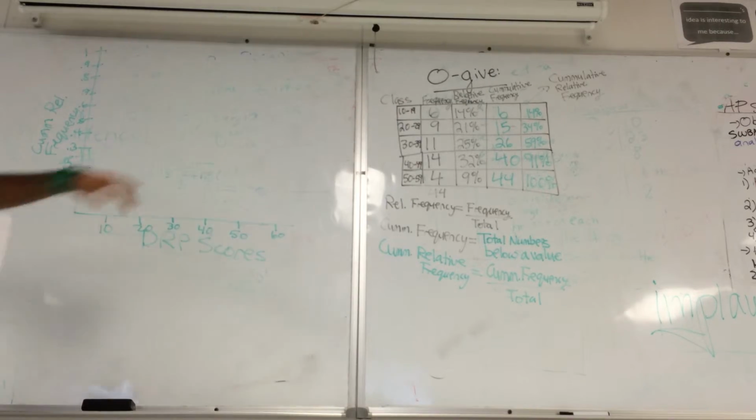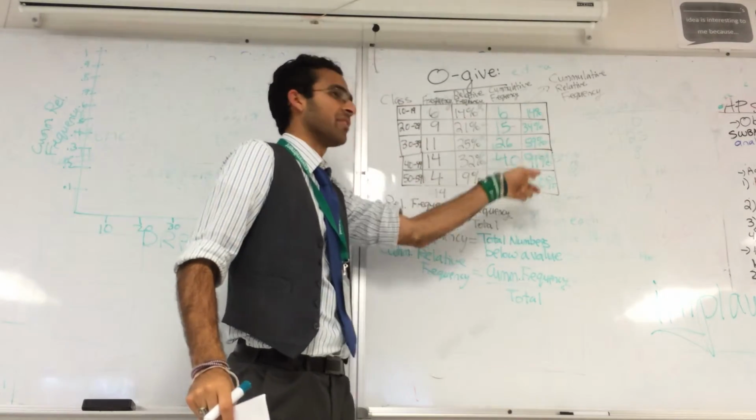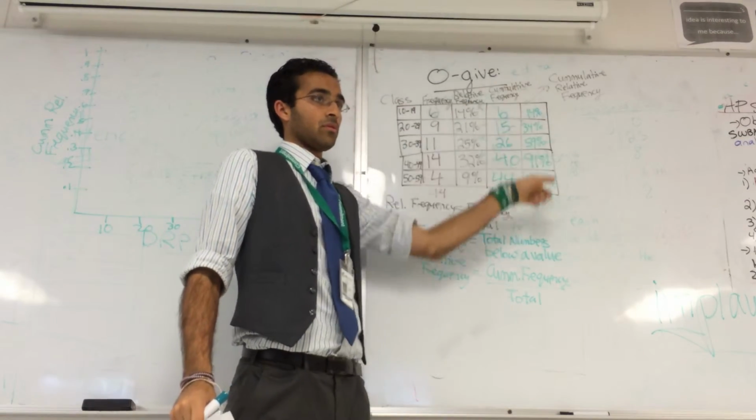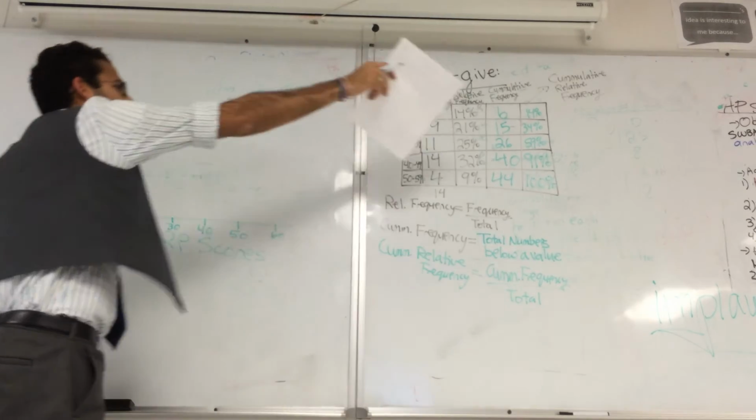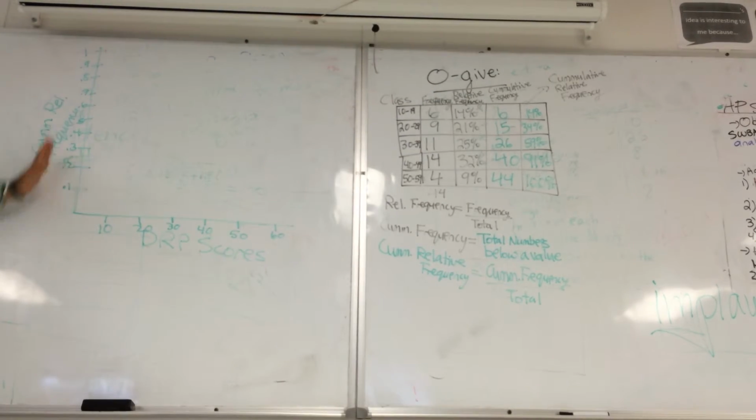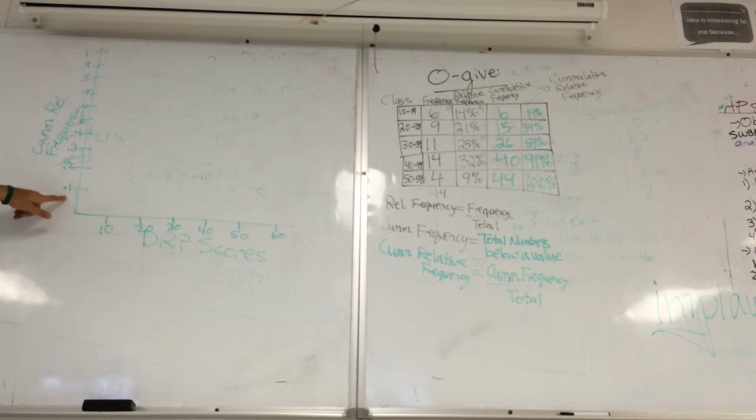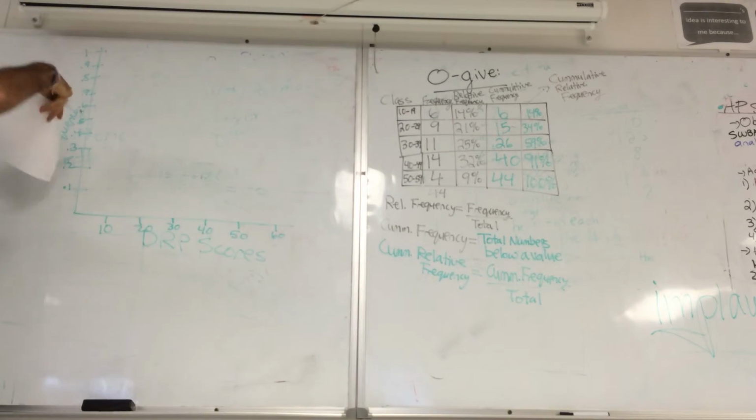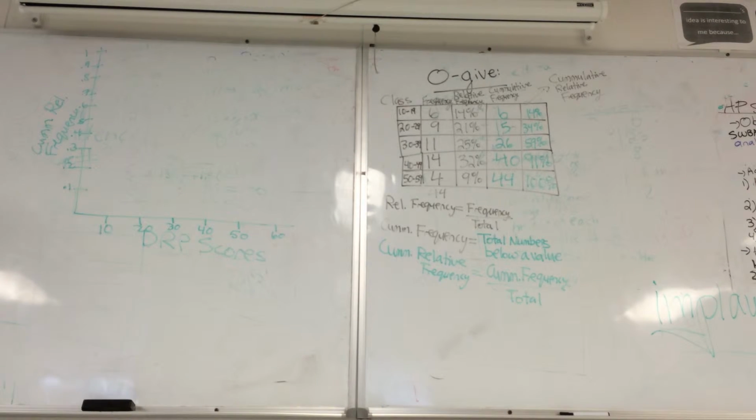So here we go. I'm going to plot the cumulative relative frequency. This is a decimal here just to save space. We don't write 10%, we just do 0.1. It's the same thing.